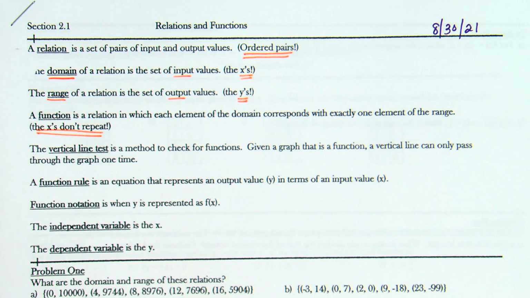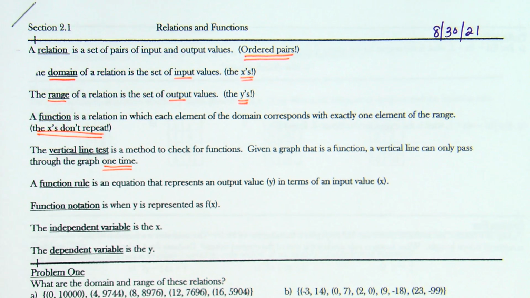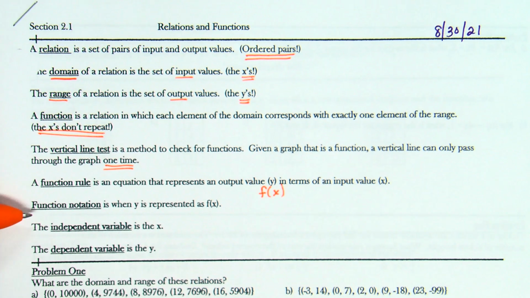A function rule is an equation that represents an output value, y, in terms of an input value, x. You guys are familiar with the notation f of x, right? Notice right there, it says function notation. That's what we use when we talk about a function rule, an equation that represents an output value, y, in terms of a single input value.